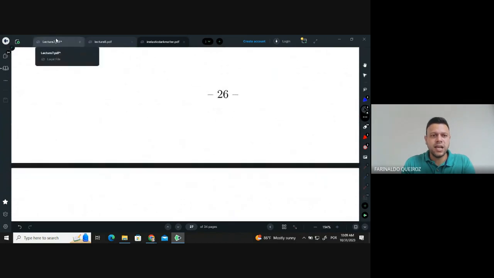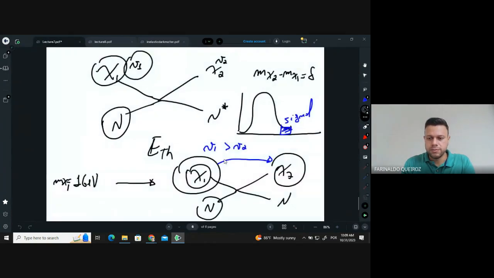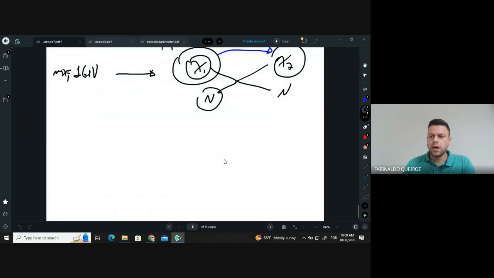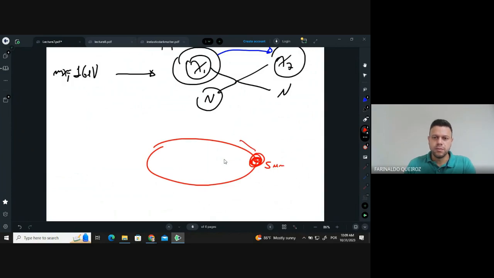Why does this have anything to do with dark matter? Well, we are at the sun. The sun is moving in our galaxy. However, the Earth is also translating, right?